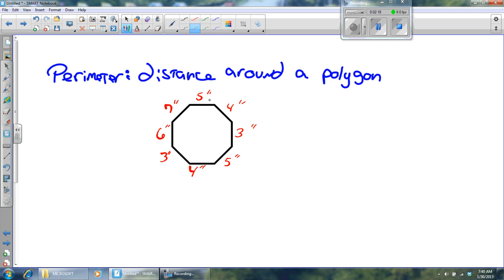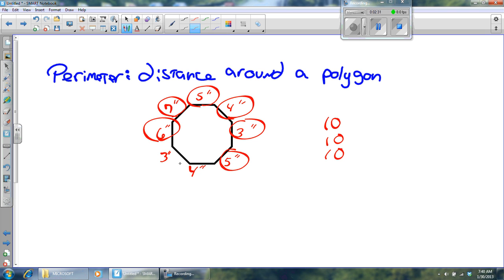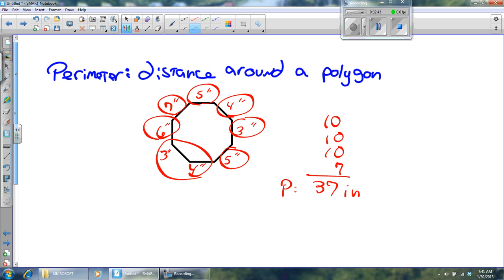I would add up all these numbers. So like I got a pair of 5s there, so I'm up to 10. 7 and 3 make 10 more. 6 and 4 make 10. And then these two make 7. So my answer would be 37 inches for my perimeter. Okay, it's just the distance around an object, or a polygon more specifically.